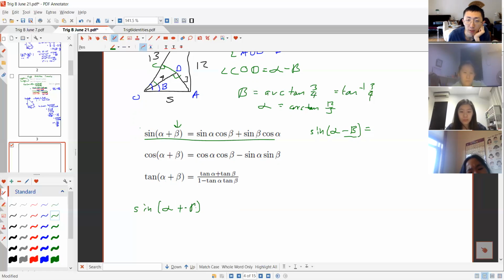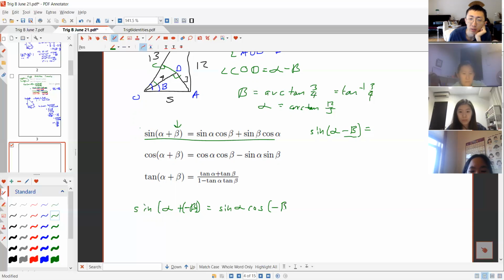Yeah, so if I plug in the second angle to be negative a variable, like negative beta, then what does this equal now? Sine alpha cosine beta minus sine alpha cosine alpha, I mean sine beta cosine alpha.